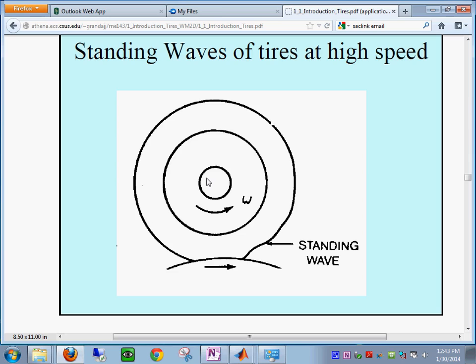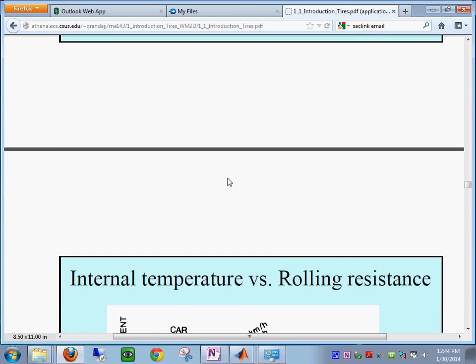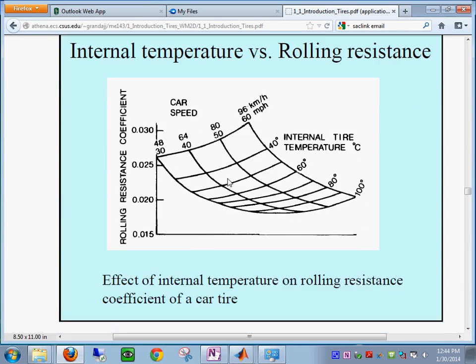But since this happens quickly, as it runs fast, we would like to know how it deforms, and this is one way to show that the deformation occurs. So that's another factor to consider.